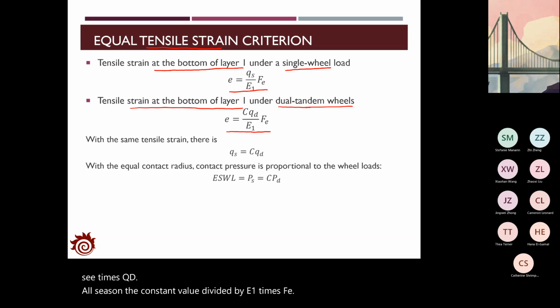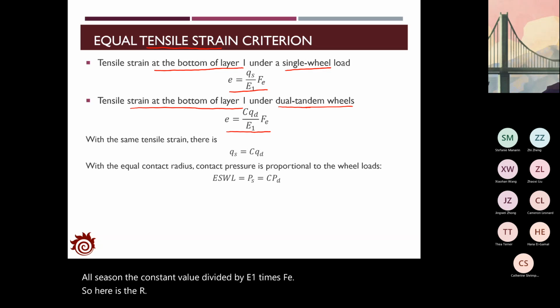Here FE is a strain factor, a constant value, and C is a conversion factor.